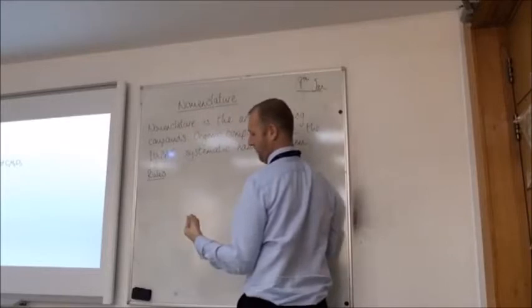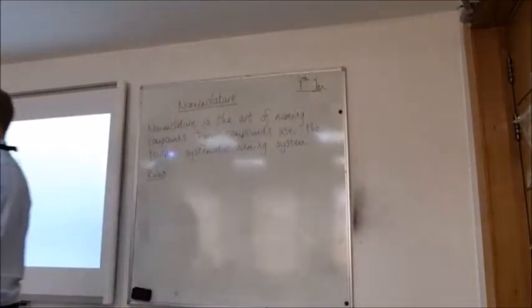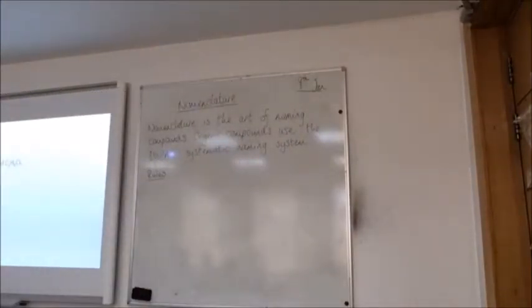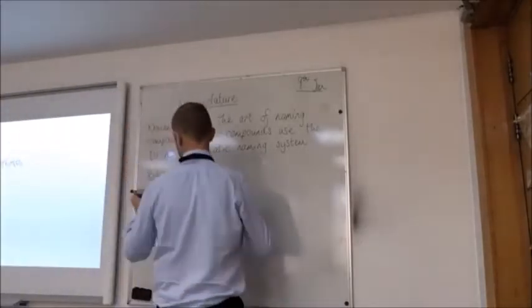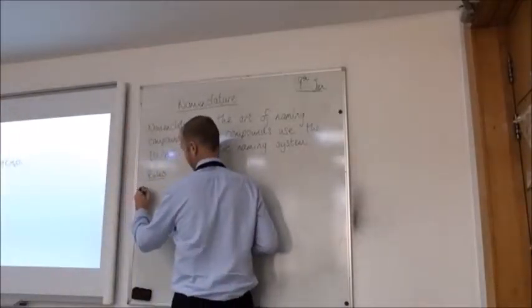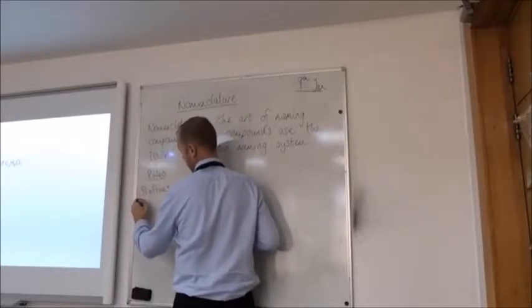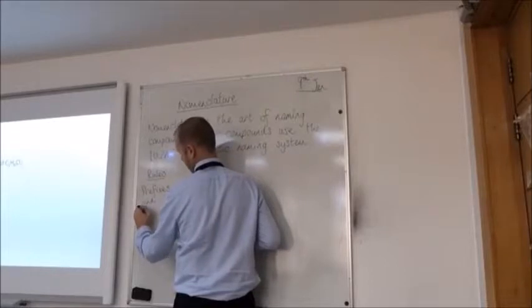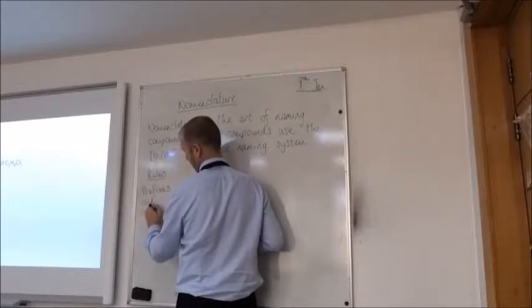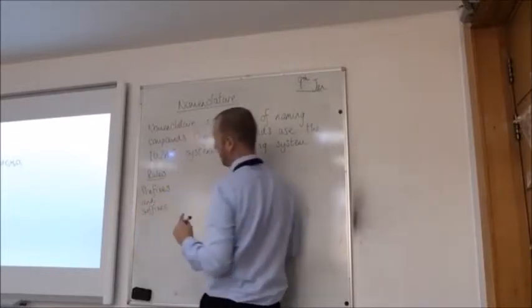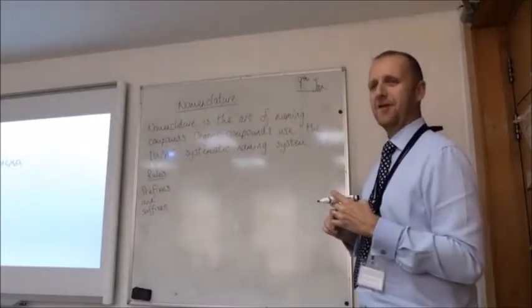So the next rule is about, let me just check which order to do it in. Oh yeah, prefixes and suffixes. Okay, hopefully you know from English, don't you, what a prefix and a suffix is.